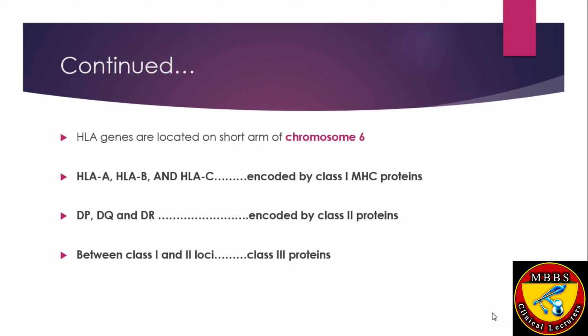The class 1 MHC proteins are encoded by HLA-A, HLA-B and HLA-C. Class 2 proteins are encoded by the regions DP, DQ and DR. And the class 3 proteins are between the loci of class 1 and class 2.